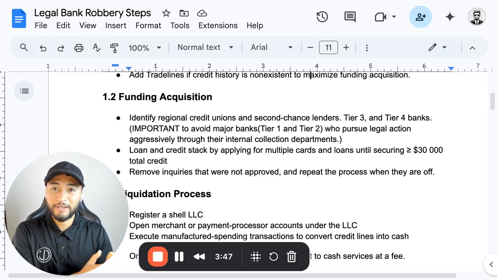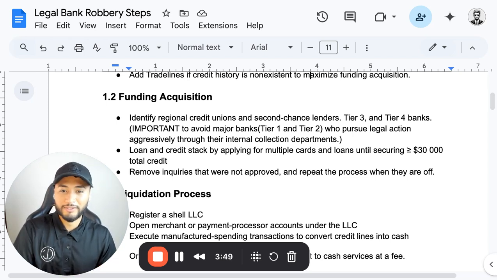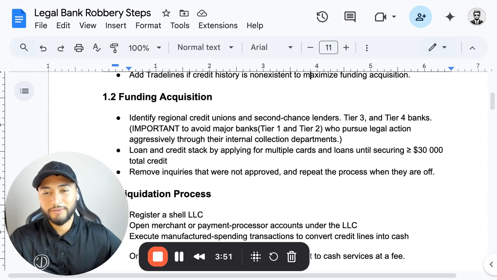So instead, if you go through a smaller bank that's tier 3 and tier 4, they're going to sell that debt to a collection agency and likely lose your documents. And without your information, the collection agency cannot legally pursue the debt. So that's where it goes into legally being able to wipe out any debt off your credit report.